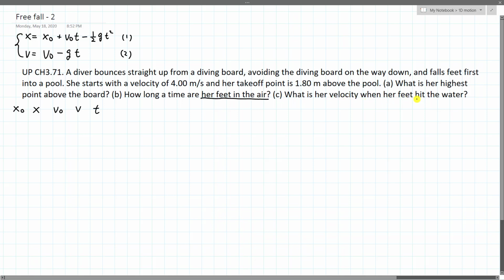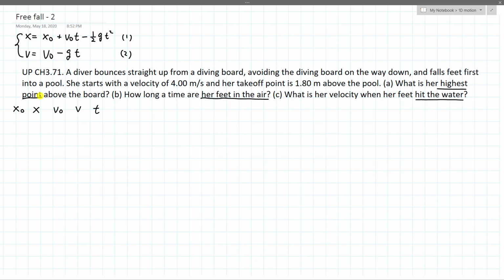Velocity when her feet hit the water is also that same final condition, hitting the water. But question A, on the other hand, is asking something completely different. What is her highest point above the board? This part is not where she actually hit the water with her feet, right?